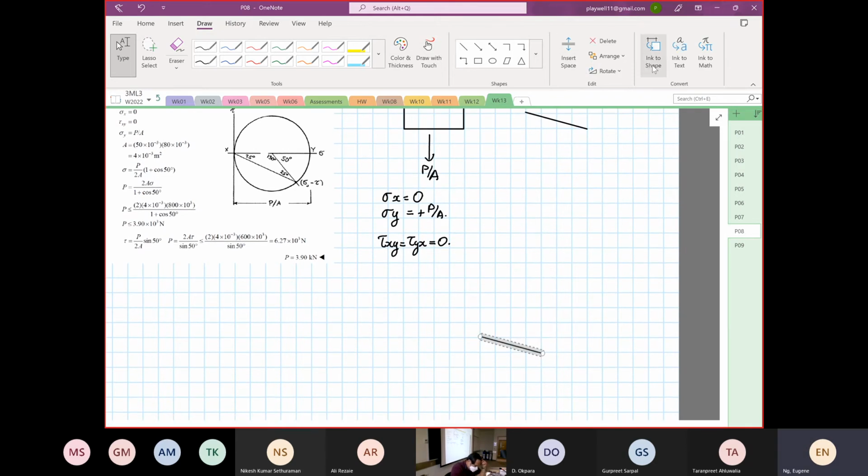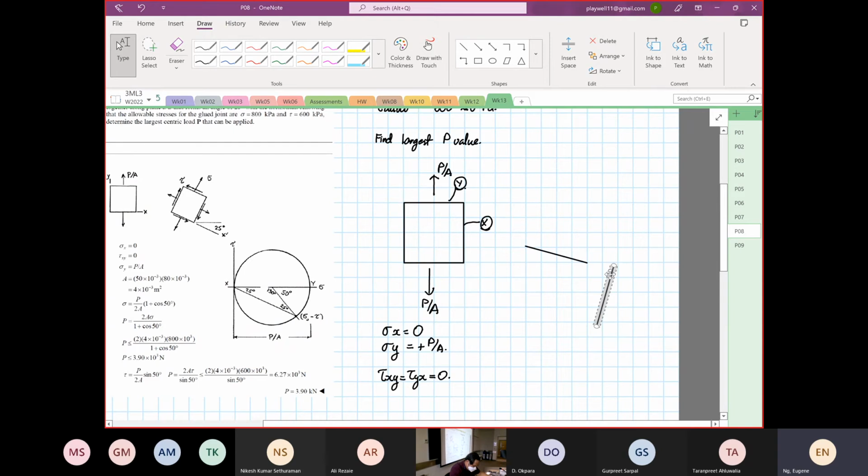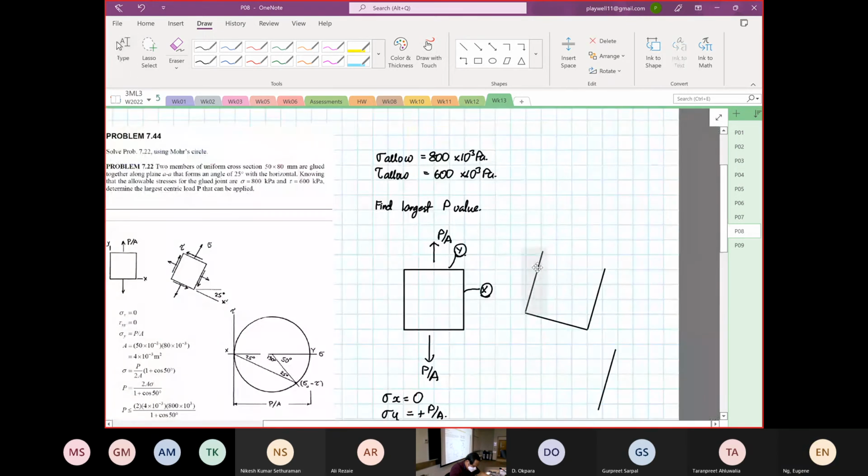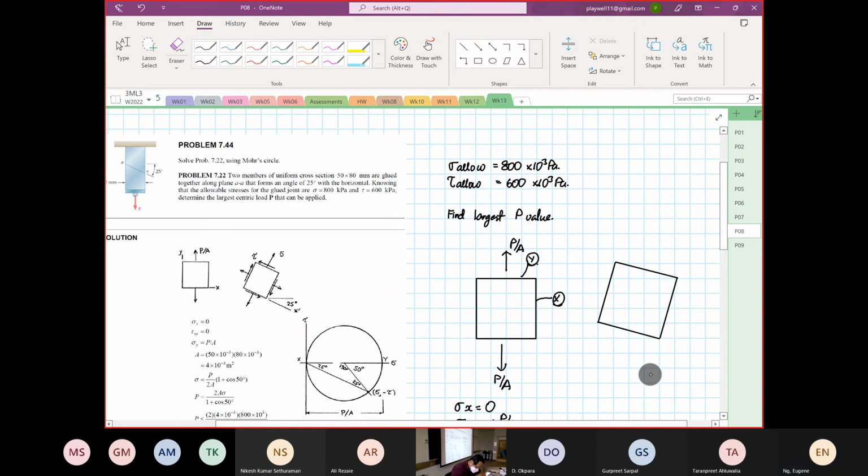So we rotate it at a certain angle, right? And then we have our element. So we know that this is rotated from the question 25 degrees.